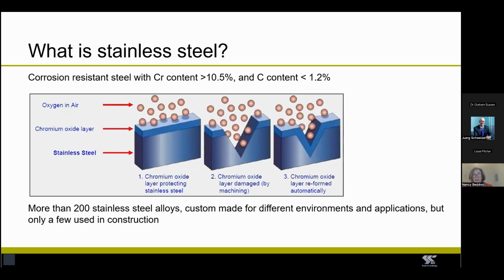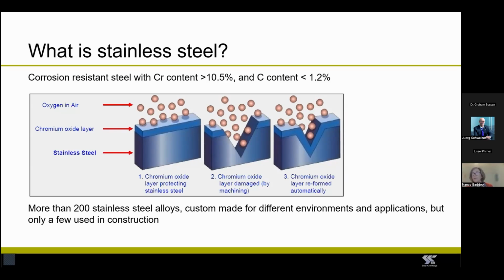Then it is a stainless steel, and a transparent and tightly adherent layer of chromium-rich oxide forms spontaneously on the surface of the steel. You can't see it. It's very, very thin, but it successfully prevents corrosion.